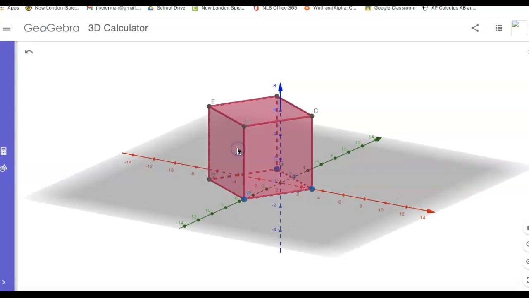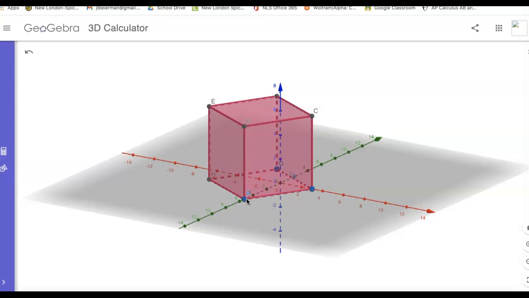Okay, so EH lies in both this side plane and in the back plane. So the segment that would be skew, it doesn't connect to that plane at all, would be AB.